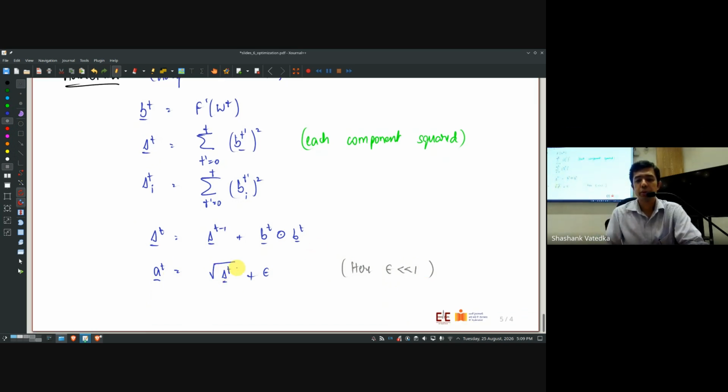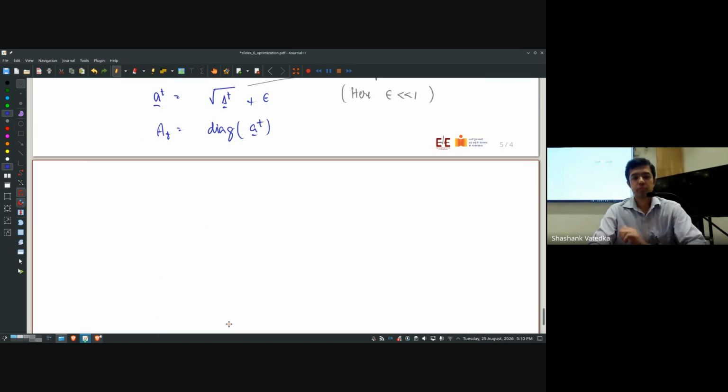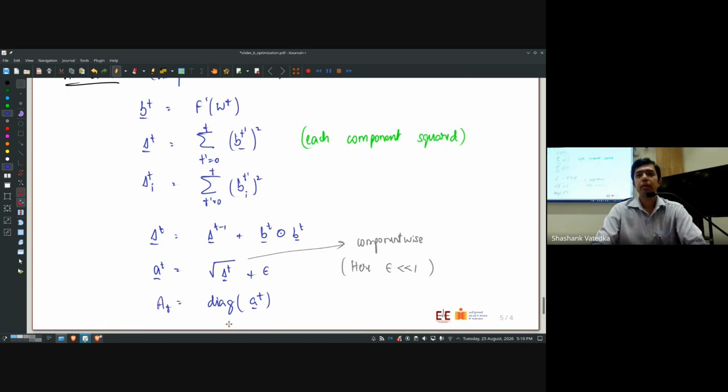Again, this square root is also component wise. And your matrix At is just the diagonal matrix with entries at. And that's it. That's the Adagrad algorithm.